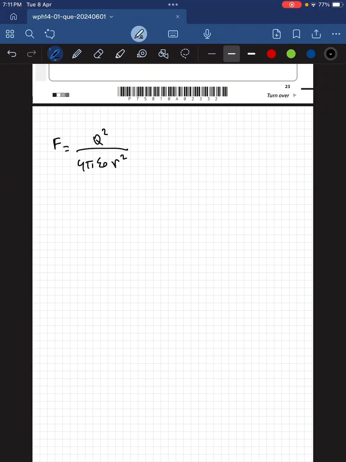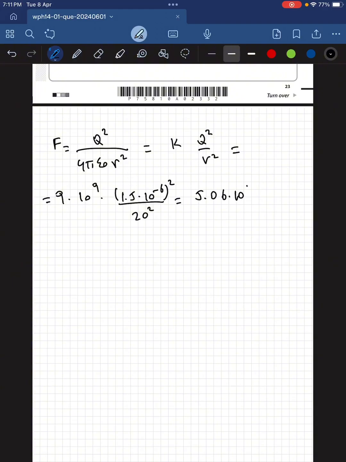We don't care about the sign because it's going to be an attractive force. So this is also equal to K Q squared over r squared, where K is 1 over 4πε0. If we plug in numbers, 9 times 10 to the 9 times 1.5 times 10 to the negative 6 squared, which is the charge, and over 20 squared gives us 5.06 times 10 to the negative 5 newtons.